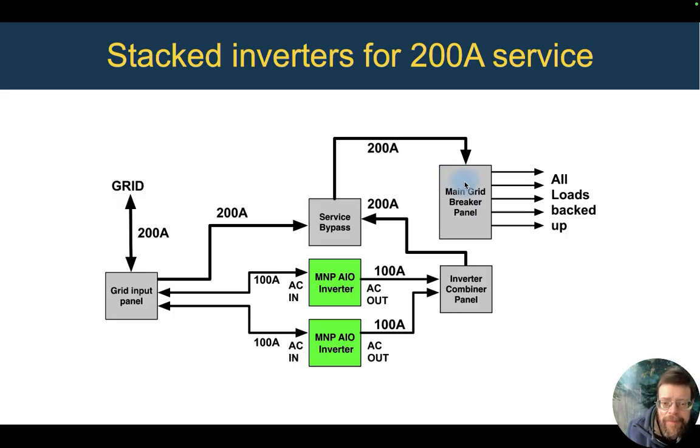And in this way, we've backed up our entire 200 amp loads panel, and we have full 200 amp feed-through capacity through the inverters, quick switching so we don't have that power blip when we switch over to inverter power from grid, and we've got a lot higher capacity, 20 kilowatts or 84 amps in this case.